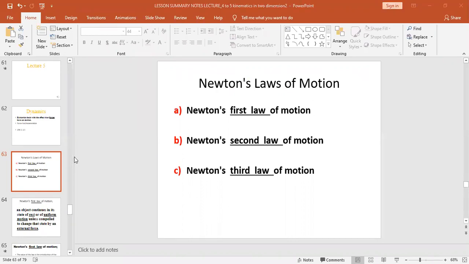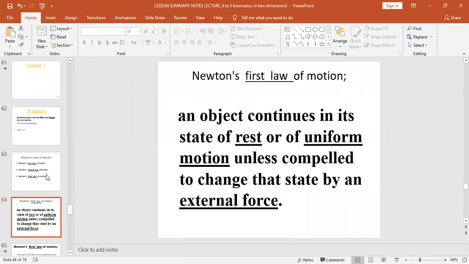We have three laws: Newton's first law of motion, second law of motion, third law of motion. The first law of motion says a body continues in a state of rest or uniform motion unless compelled to change that state by an external force.